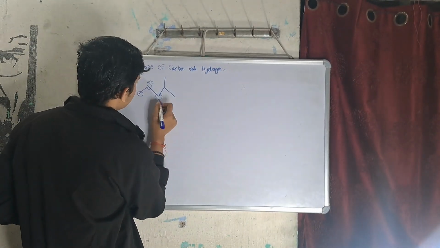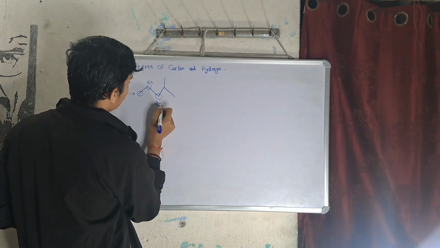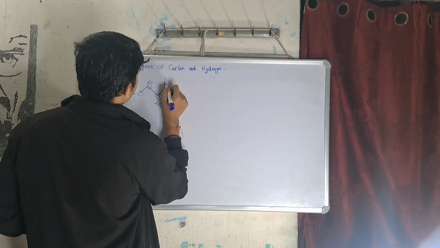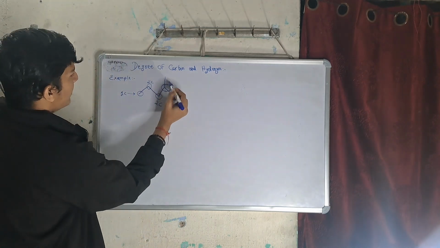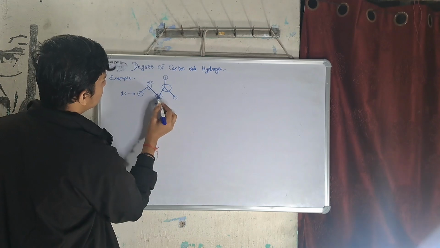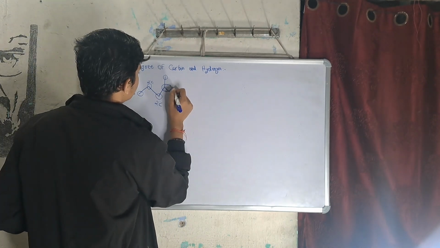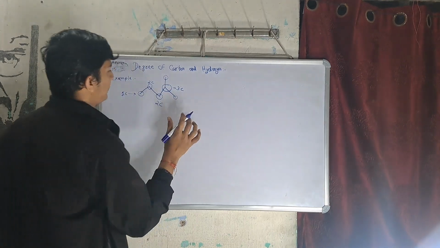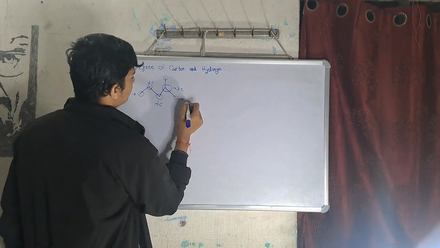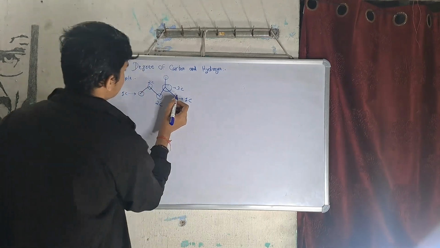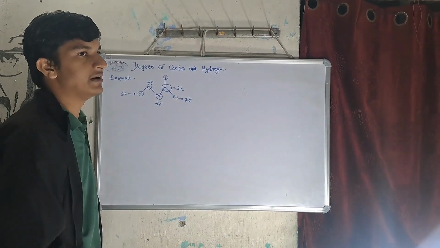This carbon is also 2 degree carbon. Now this carbon is surrounded by 1, 2, 3 carbons, so this is called 3 degree carbon, and this carbon is also 1 degree carbon as it is surrounded by only one carbon.